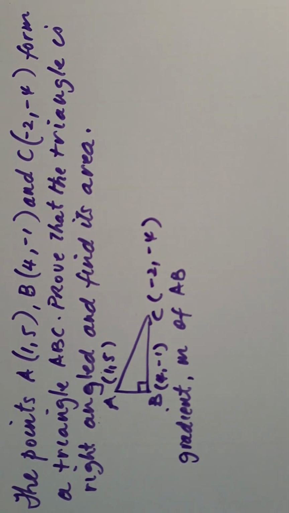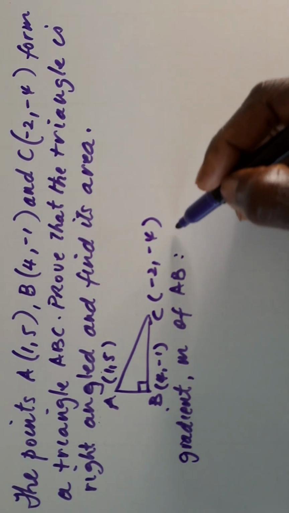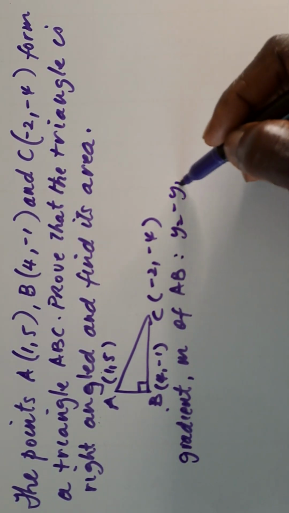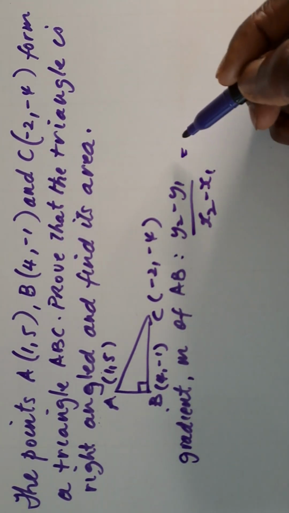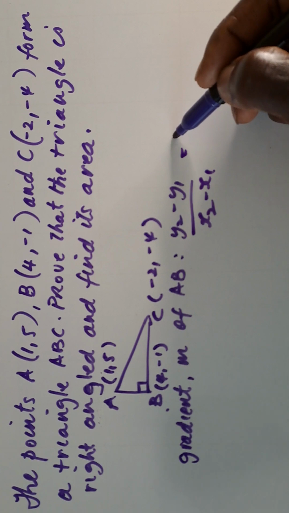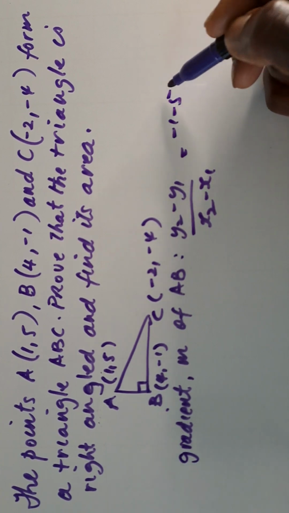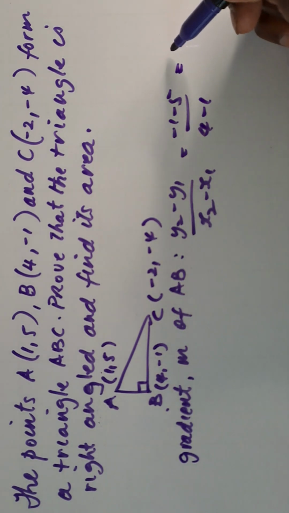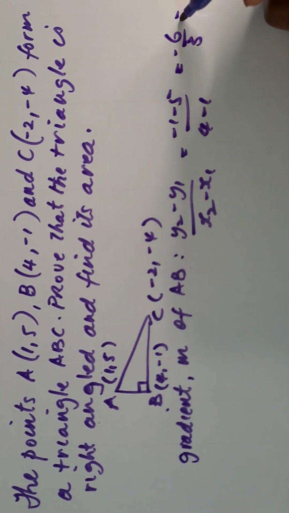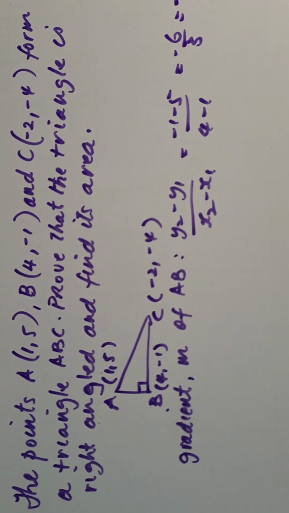So the gradient AB is y2 minus y1 over x2 minus x1, which gives us -1 minus 5 over 4 minus 1, which is -6 over 3, which gives us -2.